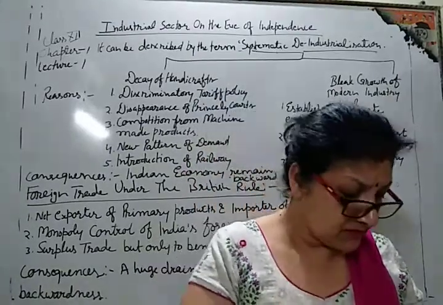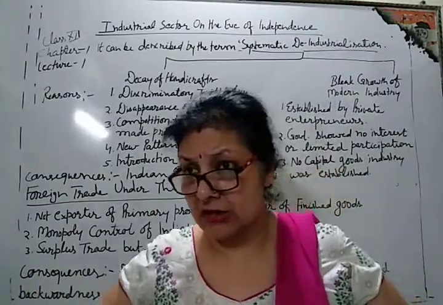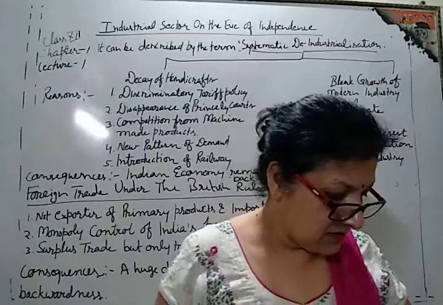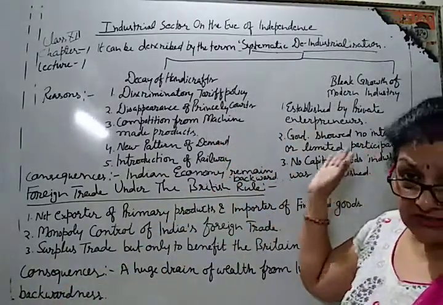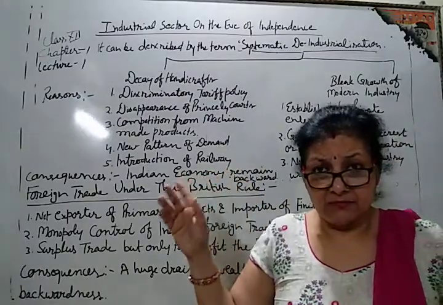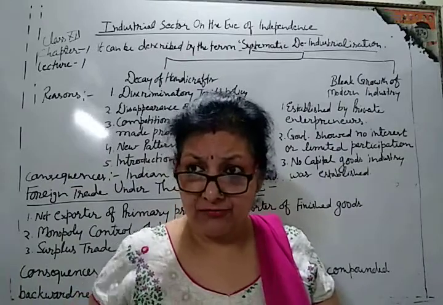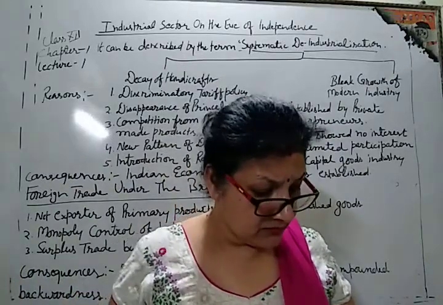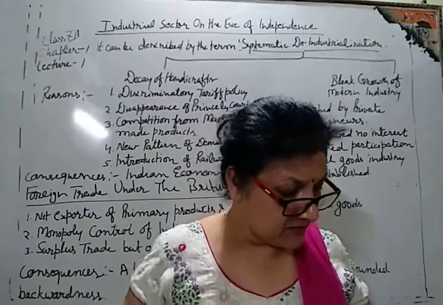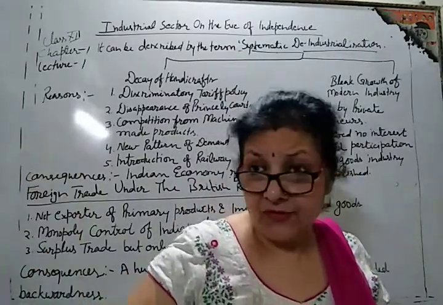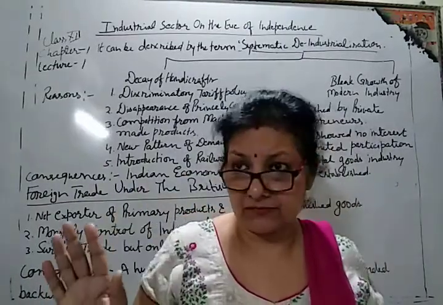Beside this, sugar, cement and paper industries were also established. But why were these industries established? Because at that time, World War II was in the run, and there was worldwide scarcity of industrial goods.